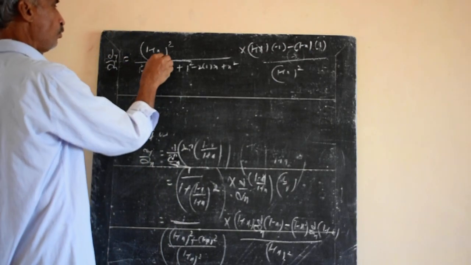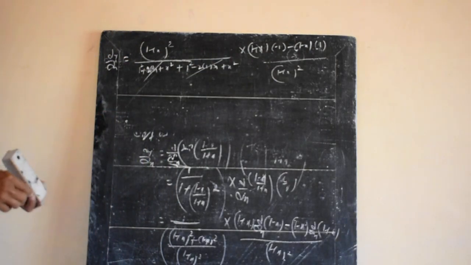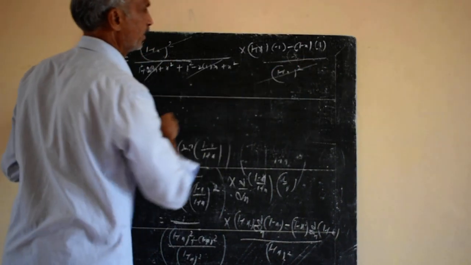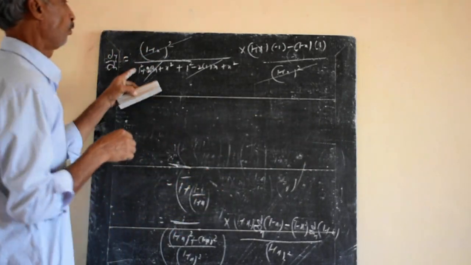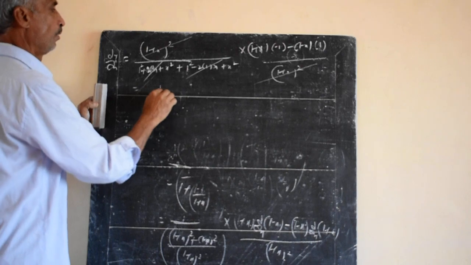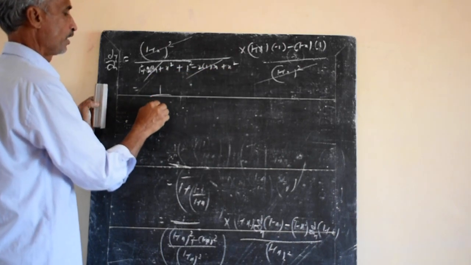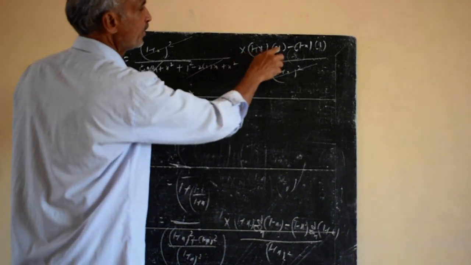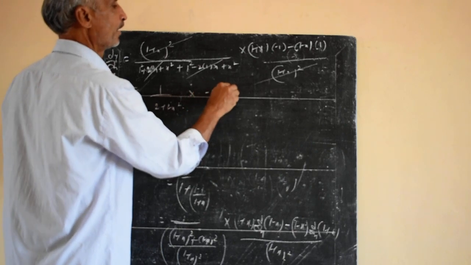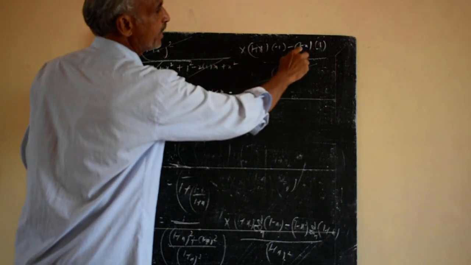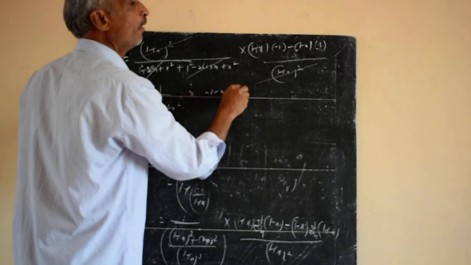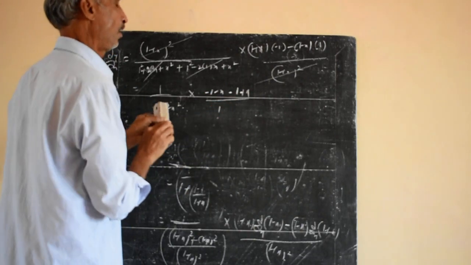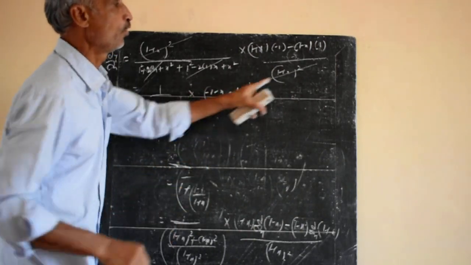Here it is 2 into 1 into x, minus 2x plus 2x cancels, and 1 plus x the whole square cancels with the 1 plus x the whole square. What remains? 1 plus 1, 2, 1 upon 2 plus x square plus x square, 2 plus 2x square, into 1 plus x into minus 1, it is minus 1 minus x, minus multiplies 1 into minus 1, minus of minus is plus x, whole divided by 1 plus x square.